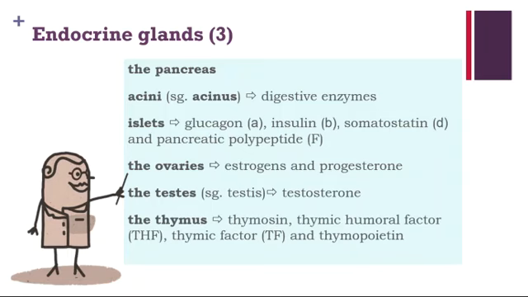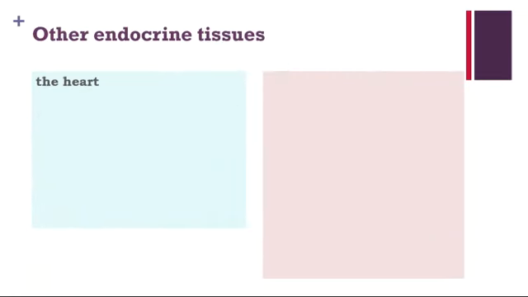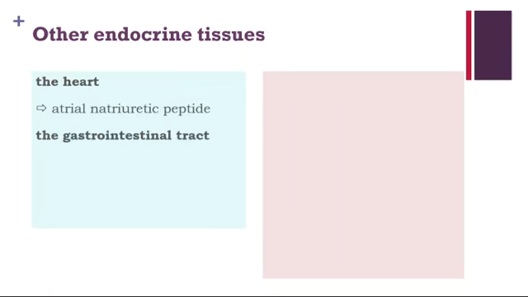Now, let's review other tissues that also have an endocrine function. The heart produces atrial natriuretic peptide. The gastrointestinal tract organs produce gastrin and secretin and others.